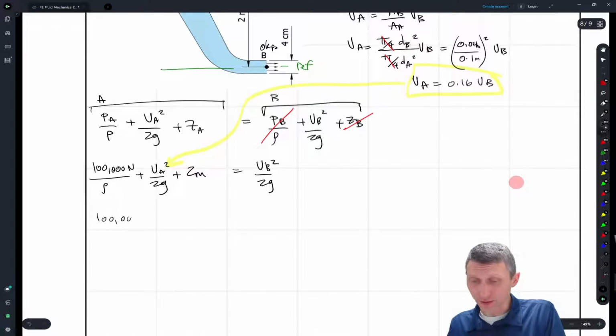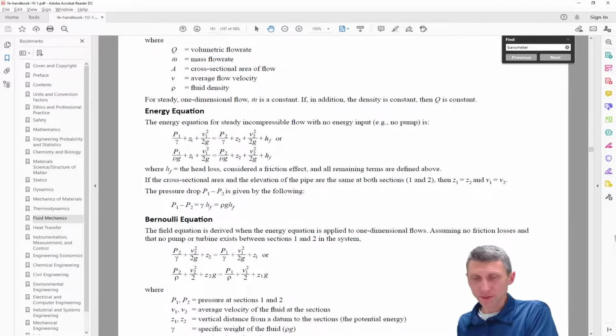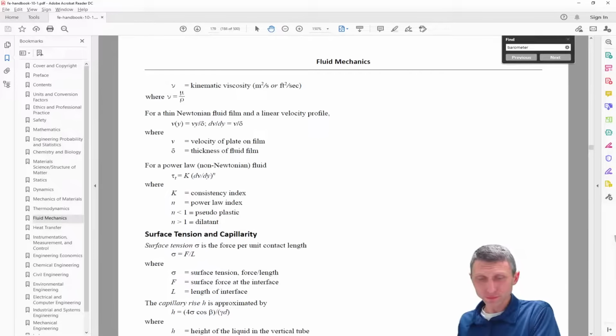So 1,000 newtons per 1,000. I'm sorry, not 1,000. So hold on a second. Let me just check one thing here because I think, did I do that right? Let me just double check one thing here.